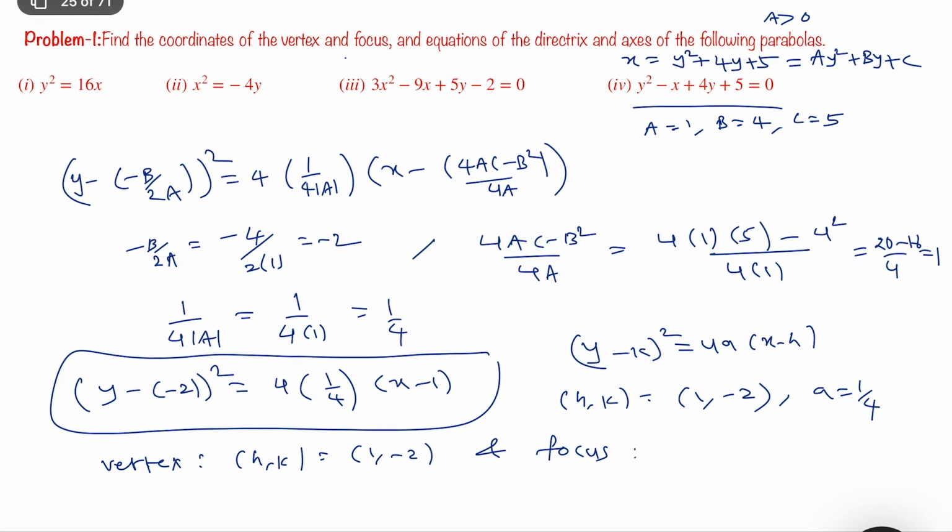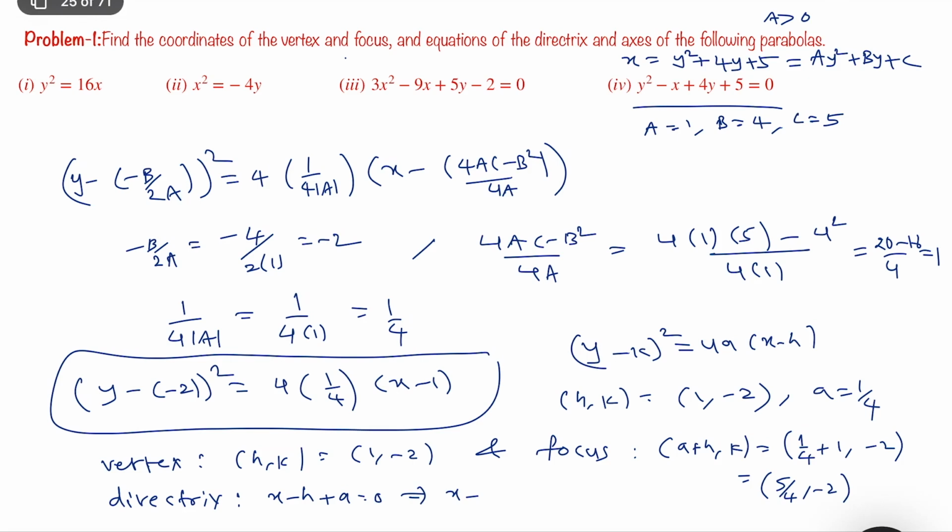So focus is going to be a plus h comma k, that will be 1 by 4 plus 1 comma minus 2, that will be 5 by 4 comma minus 2, that is the focus, and directrix equation going to be x minus h plus a equal to 0, that will be x minus 1 plus 1 by 4 equal to 0, that would be x minus 3 by 4 equal to 0, x equal to 3 by 4. Okay, this is the vertical line.